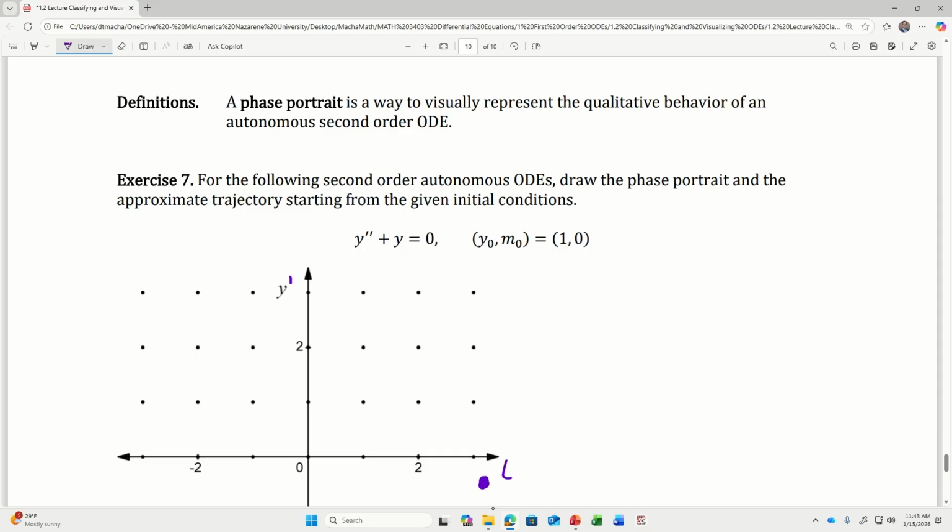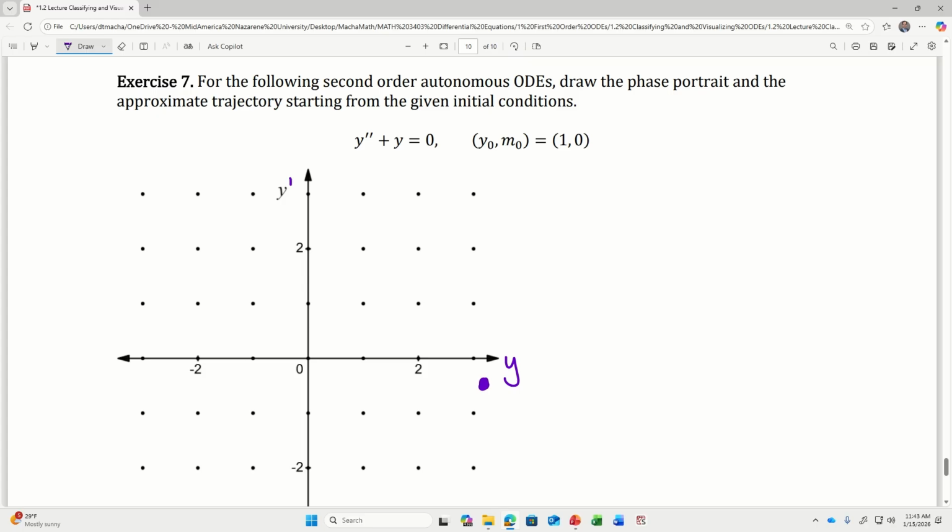So the horizontal axis is now my y-axis. The vertical axis is now my y prime axis. And putting the direction lines down is going to be a little bit trickier.